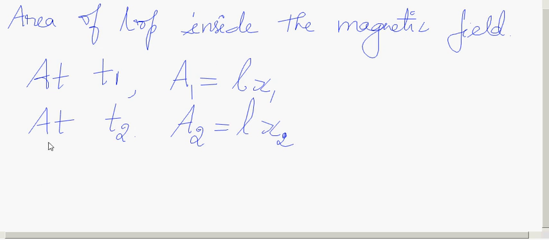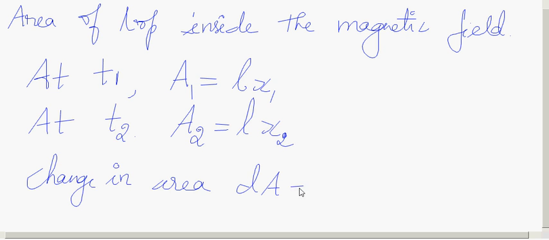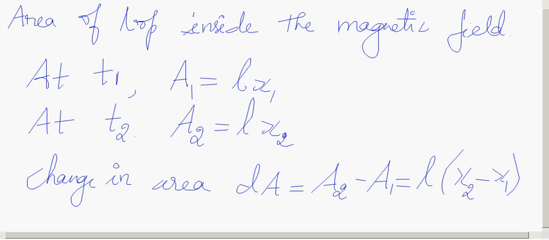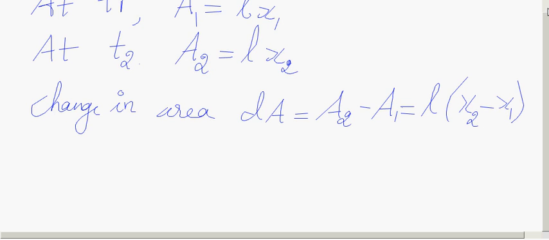Now the change in area, dA, is A2 minus A1, which is equal to L into x2 minus x1. You can also write it as L into dx, since x2 minus x1 is the change in length dx.